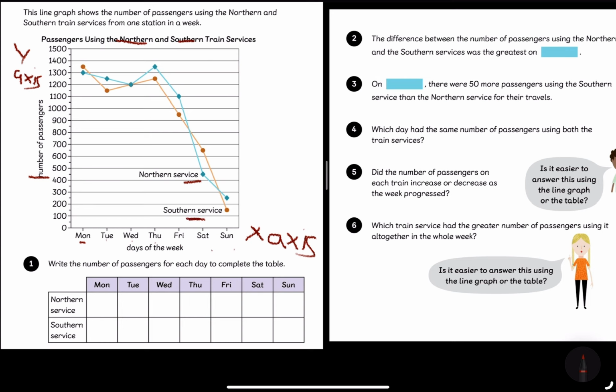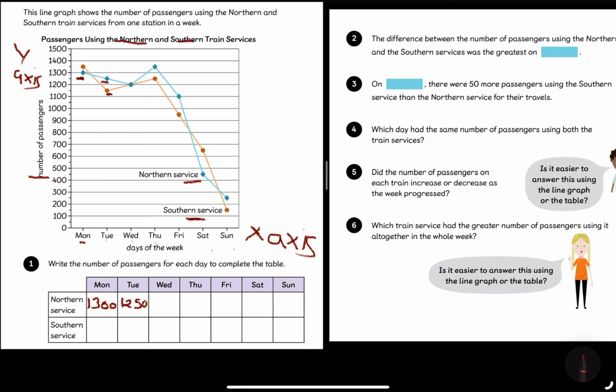For my northern service on Monday, the mark is at 1300. On Tuesday, sorry, for my northern service, the mark is between 1200 and 1300. So that's 1250, since it is in the right middle.